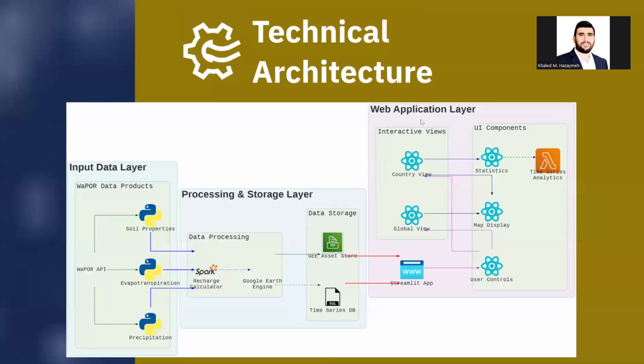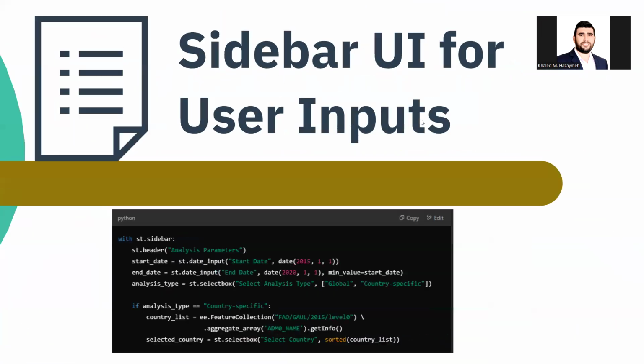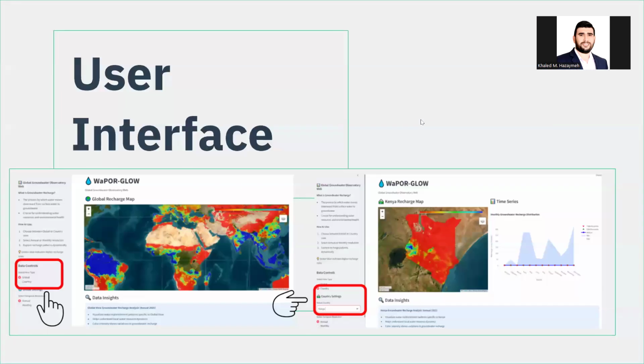Again, the technical architecture, maybe I have already talked about that. You know what is behind it, the data sources, WaPOR, Google Earth Engine, and the web application is just more the interface. And then if we come up to the user interface, that was a really interesting discussion.